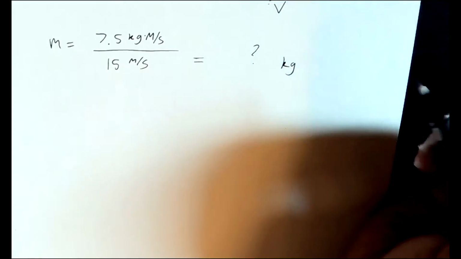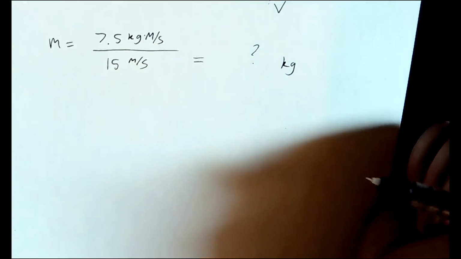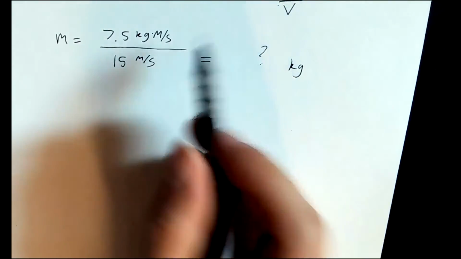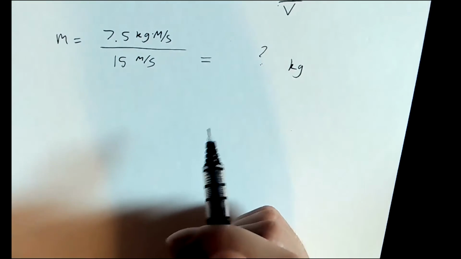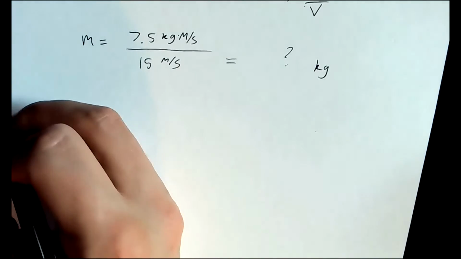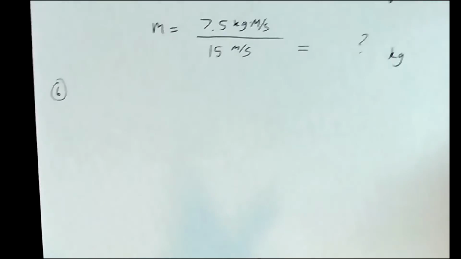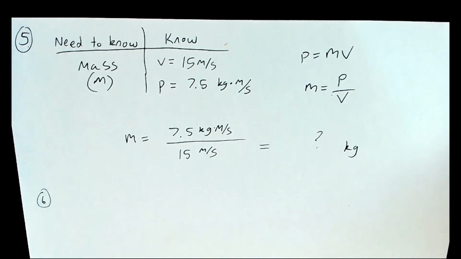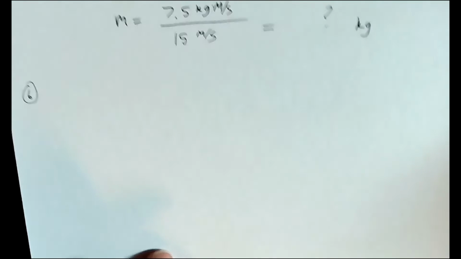So something kilograms. I'll let you calculate that on your own. But I think you can guess just from the answers you're given. Okay, so that was a reverse one where you're given momentum and you need to find mass.